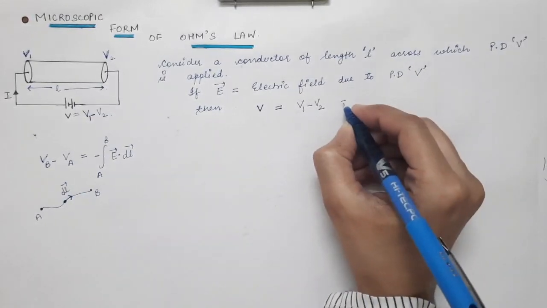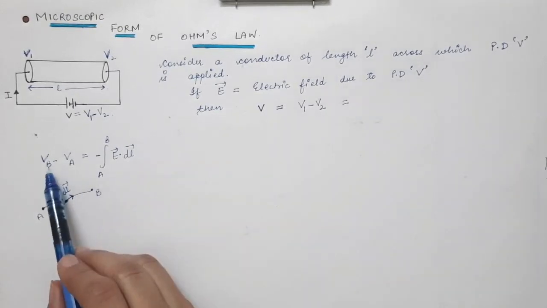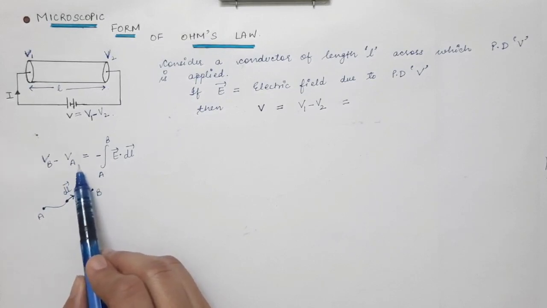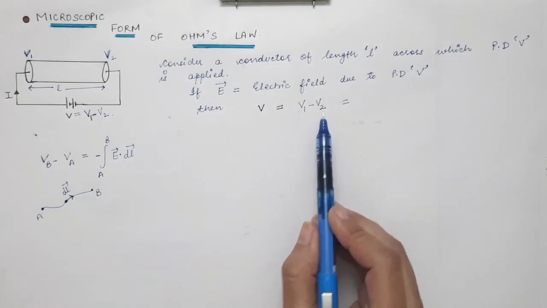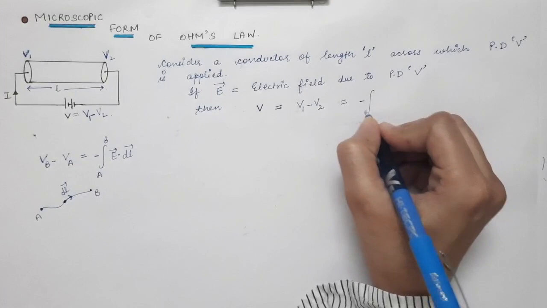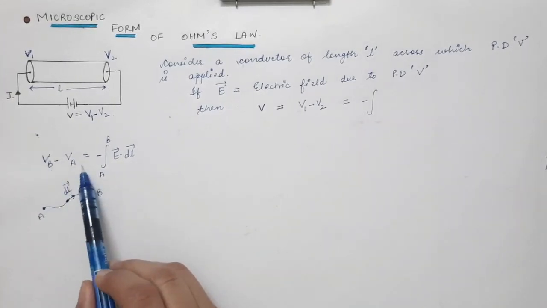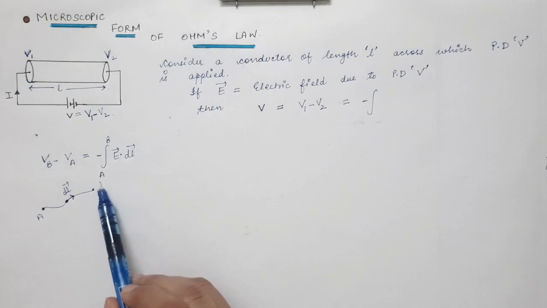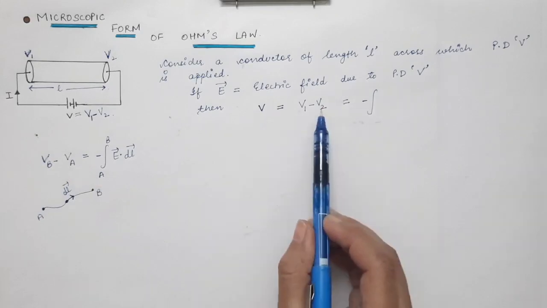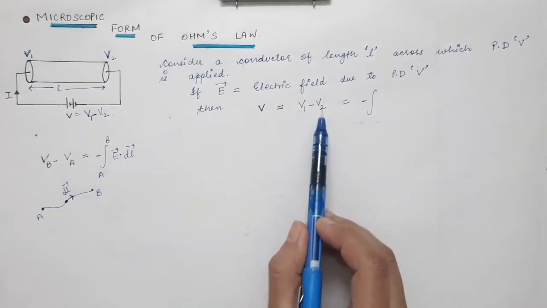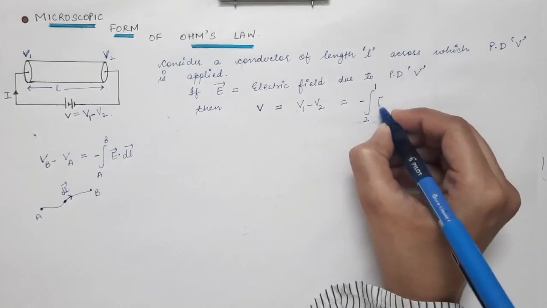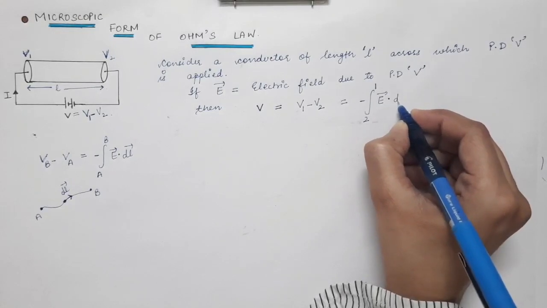If we put B as point 1 and A as point 2, we have V1 minus V2, which will be equal to the integration from 2 to 1, because we have supposed that A is equal to 2, so VA is equal to V2 in this case. So the integration will be from the second point towards the first point, of E vector dot product with dl vector.